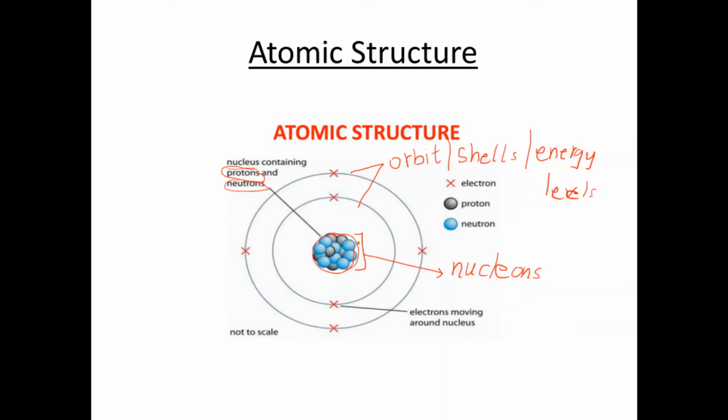I hope you have understood. So the center of an atom is called the nucleus, in which protons and neutrons reside, and the protons and the neutrons collectively are called nucleons, which can also be said as nucleon number. And around the nucleus, the electrons revolve in specific shells, orbits, or energy levels.